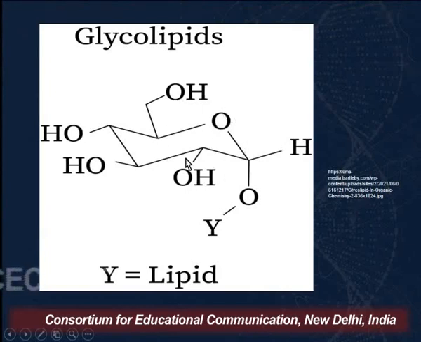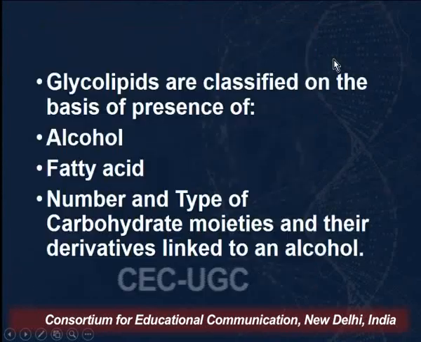What you find is that this molecule will change, that this may be a monosaccharide, oligosaccharide or a complex oligosaccharide, whereas this Y represents the ceramide unit, which I have not drawn here, so you can refer to this molecule. What you have to remember is this Y is always going to be the same. What is going to differ when we talk of classification of glycolipids? This head will change.